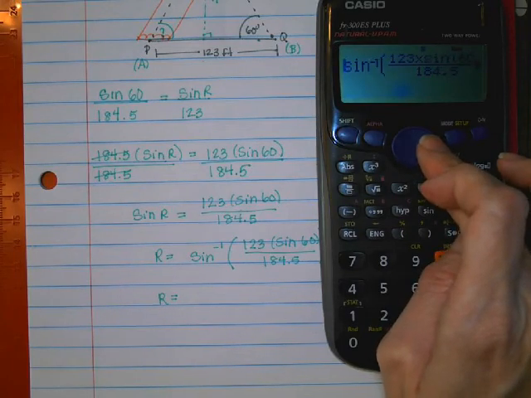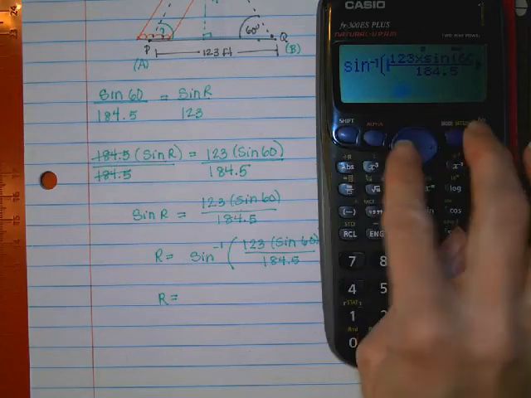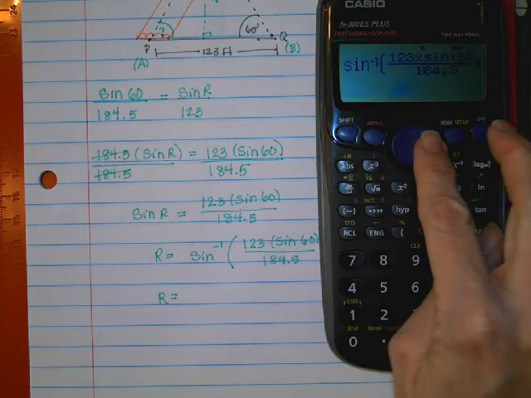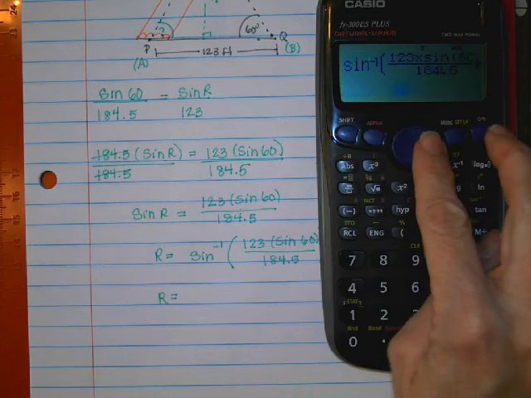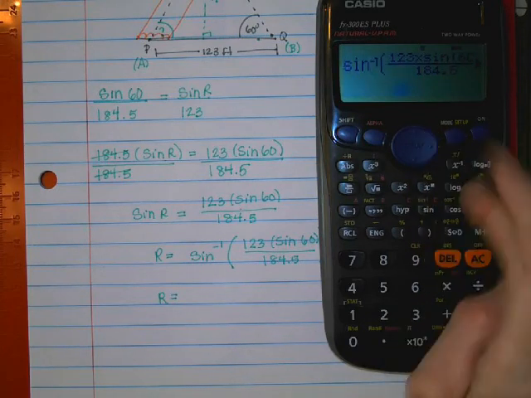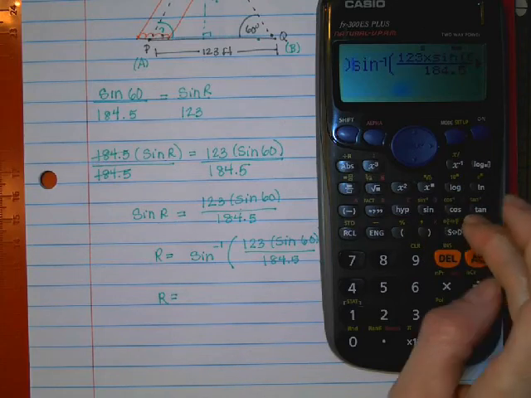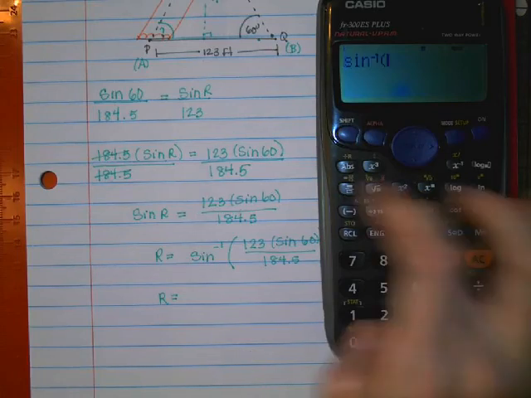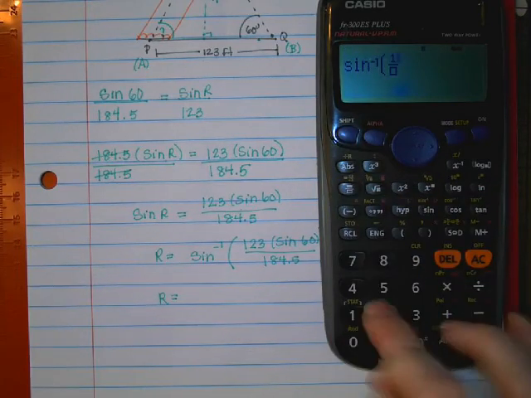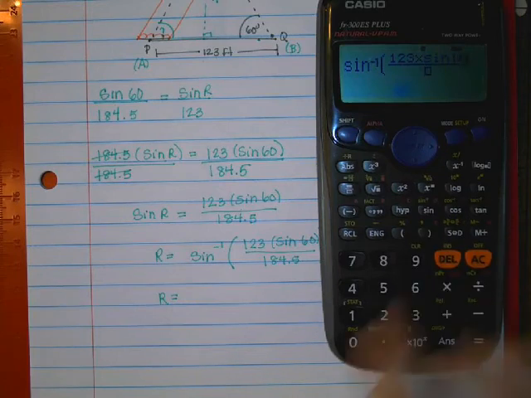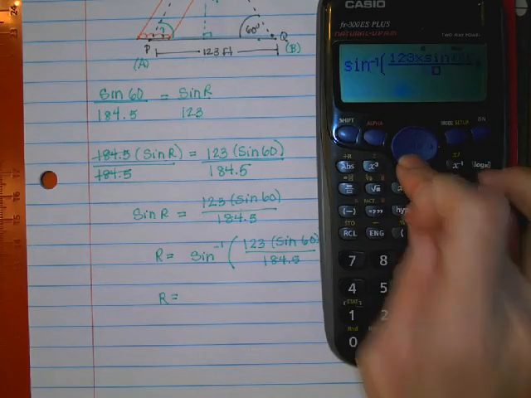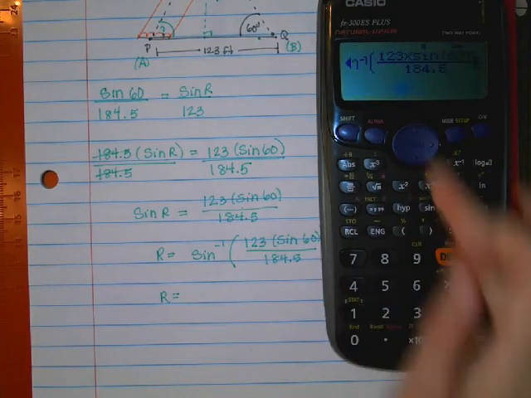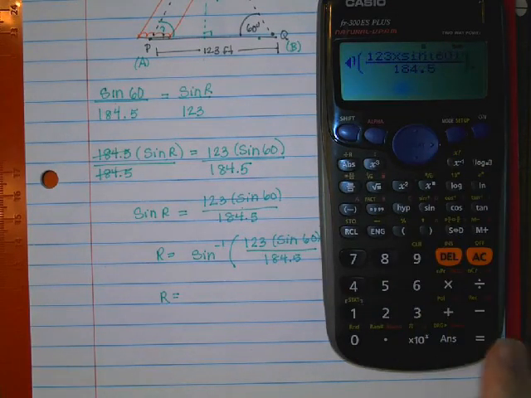Sorry guys, I did it wrong. Close out my parentheses. I'm just going to put this back in again. Shift sine, fraction bar, 123 times the sine of 60 over 184.5. Close it out, and then hit my equal button.